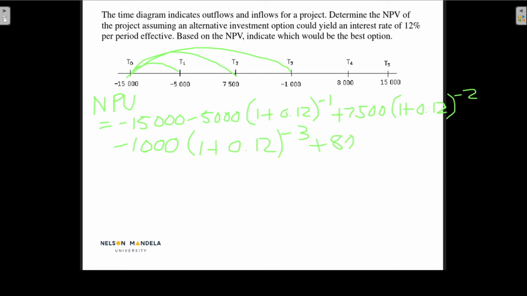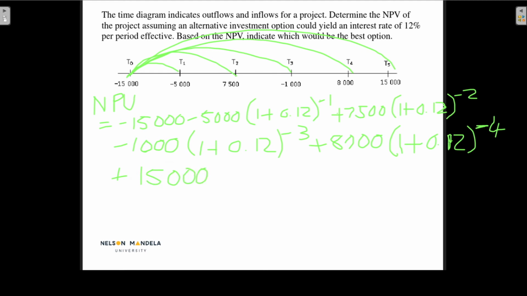Then an inflow of 8,000 rands. And lastly, a final inflow of 15,000 rands.